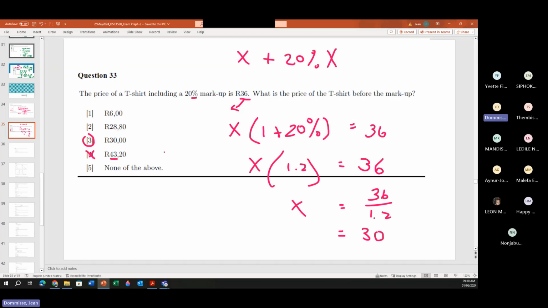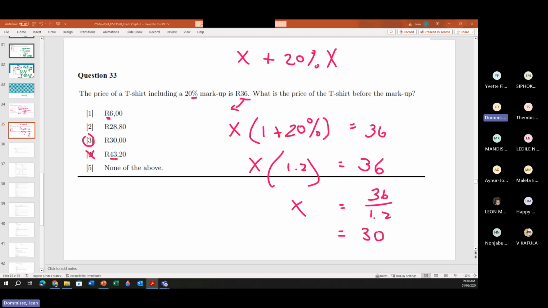Again, if I had asked what the amount of the markup was, then it would have been the 6 Rand. So just be careful again. In some of the questions they might give you different options.